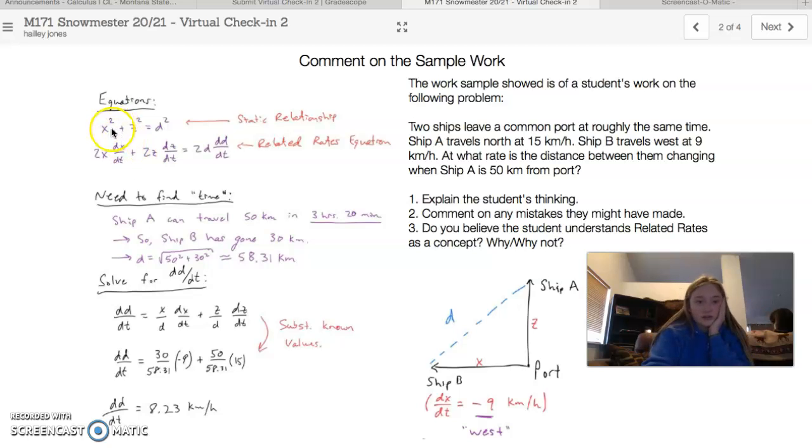So they took the derivative of x squared plus z squared equals d squared, which is just the equation of a right angle triangle. And then they added the dz/dt and the dx/dt and the dd/dt, which are the rates. So they added the related rates into there.